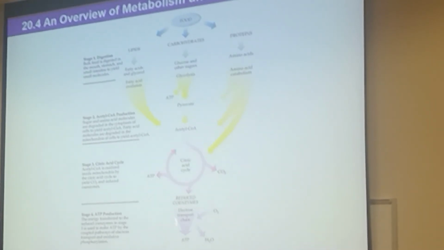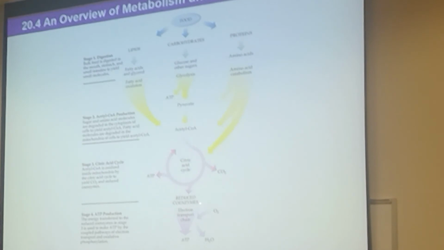So those 2 carbons will enter the citric acid cycle. They will be converted into carbon dioxide. Carbon dioxide will go out, and some molecules of ATP and lots of reduced coenzymes will be the output from this citric acid cycle. Reduced coenzymes, we are going to see how they work. Every step we are going to learn later on, one by one.